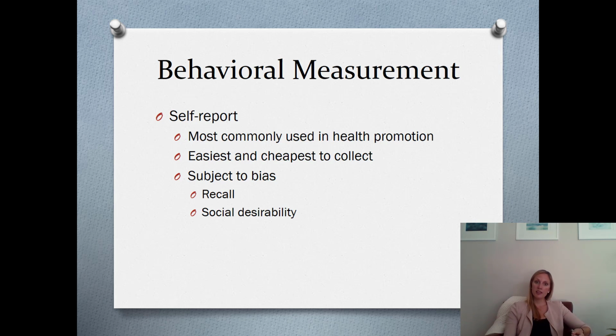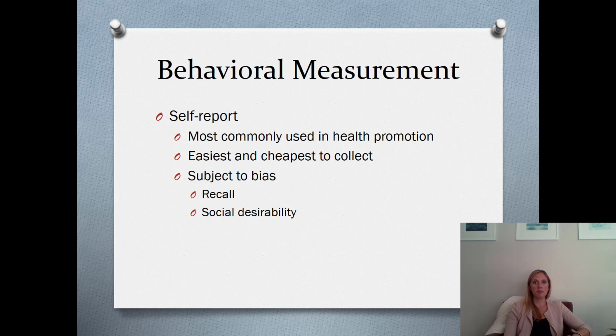There's also recall bias, so people cannot remember what they did a week ago, a month ago for some behaviors. So unless you're asking people to report what they're doing every day, it's going to be definitely subject to bias. And then also social desirability, which we talked about last week in class.